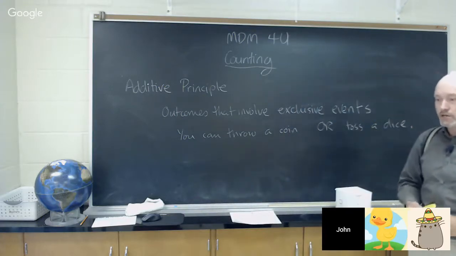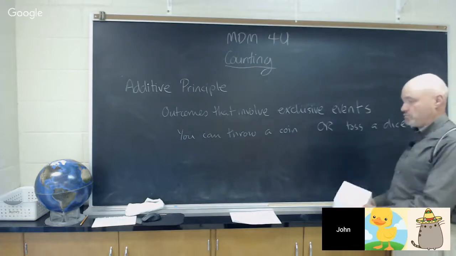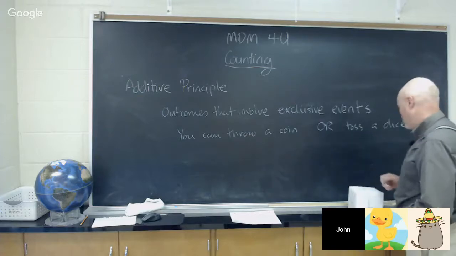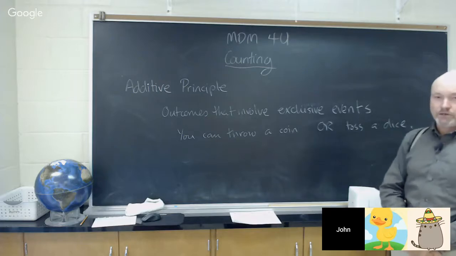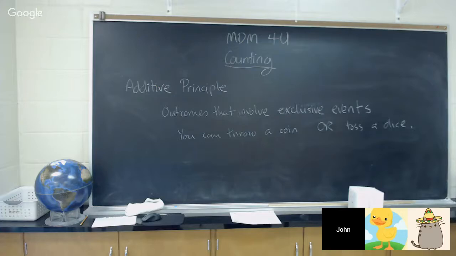Okay, so if I throw the coin, that's it. I'm not allowed to toss the gaming cube, so it's kind of like you can pick what's in the envelope or you can pick what's behind door number 1, 2, or 3. Okay, Mexican cat, you've been noticeably quiet. How many possible outcomes are there to this fun game?